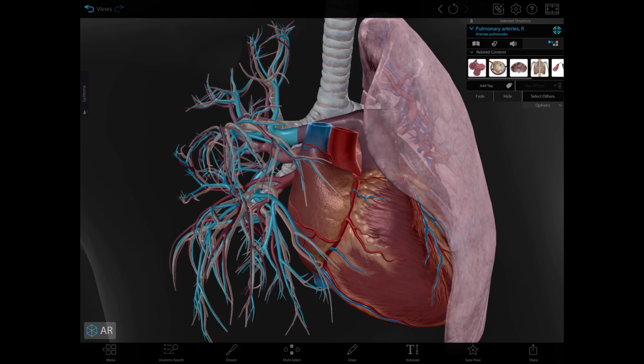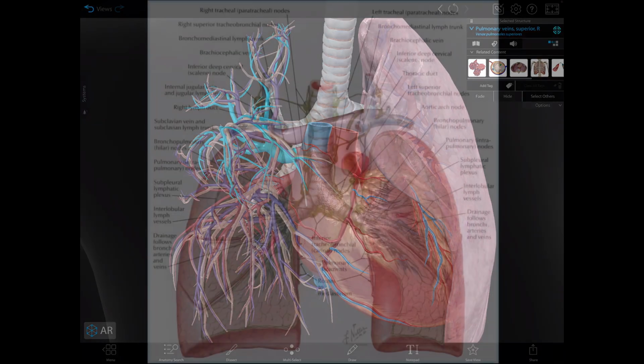That will be your pulmonary arteries, which bring the deoxygenated blood to the lungs from the right ventricle of the heart. And the pulmonary veins, which are these right here in blue, drain oxygenated blood from the lungs and carry it to the left atrium of the heart.